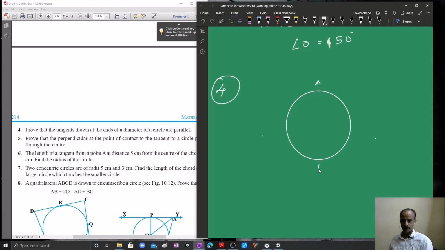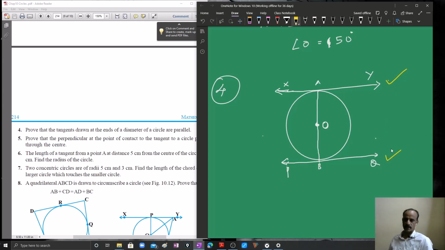AB is a diameter of a circle with center at O. We have to prove that the tangents drawn at the ends of the diameter are parallel. We can call one tangent XY, and PQ is another tangent drawn at the end points. To prove that these two lines are parallel to each other.